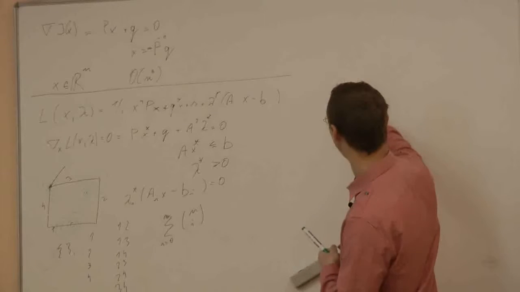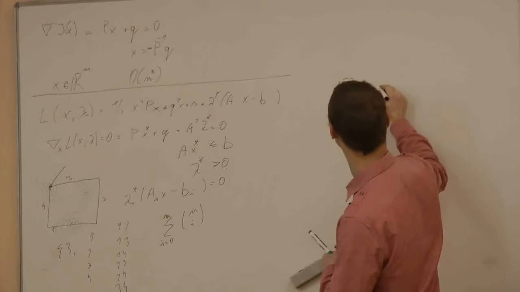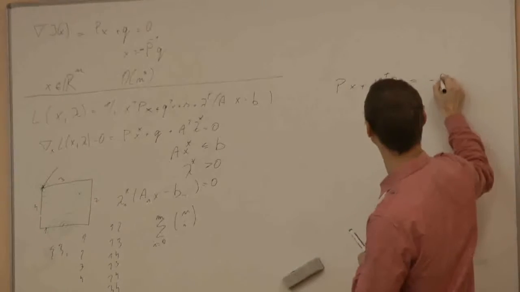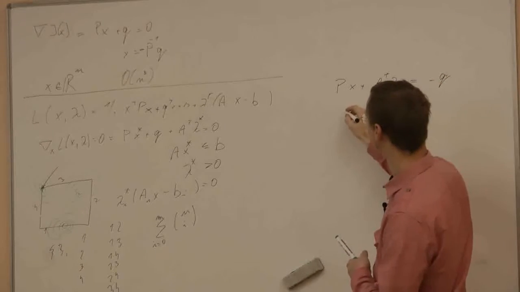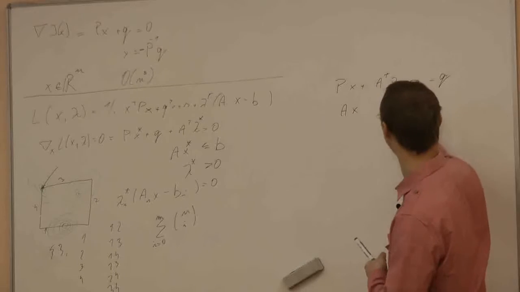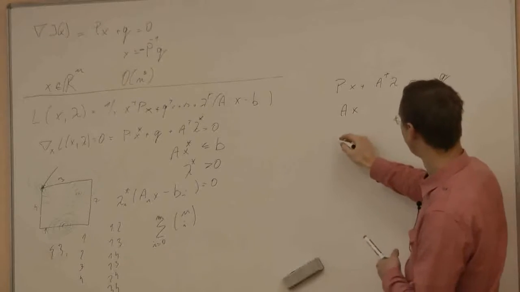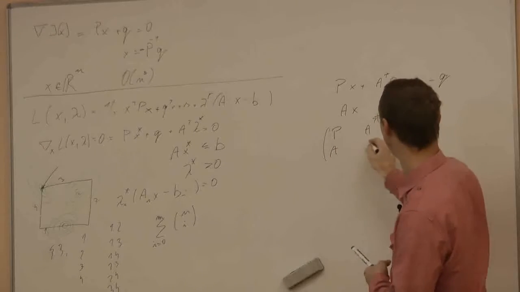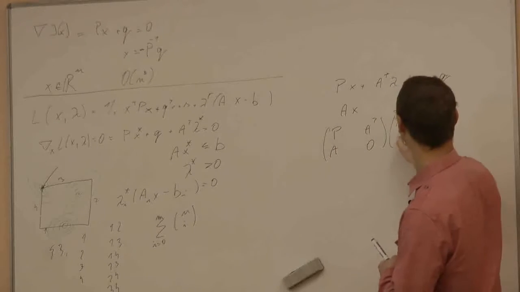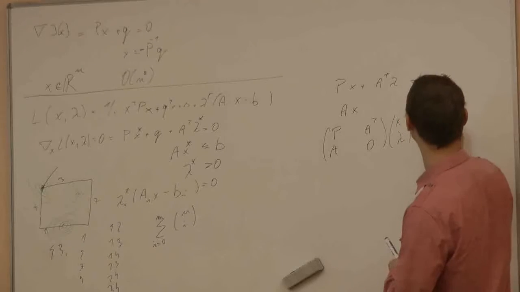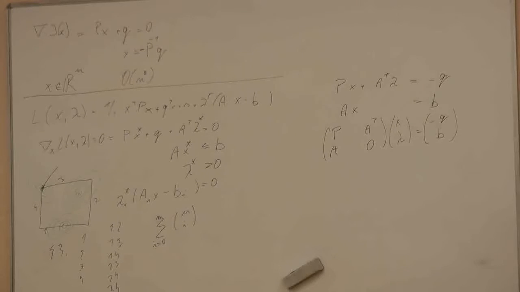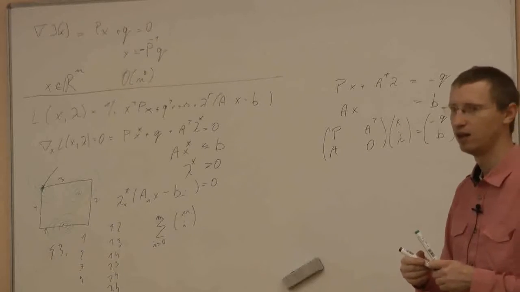So we had the equations Px plus A transpose lambda is equal to minus q. The second equation was just Ax is equal to b. When we put it in matrix form, it would be P, A transpose, A, 0, times x, lambda, is equal to minus q and b. That's how we can directly solve a quadratic optimization problem with equality constraints.